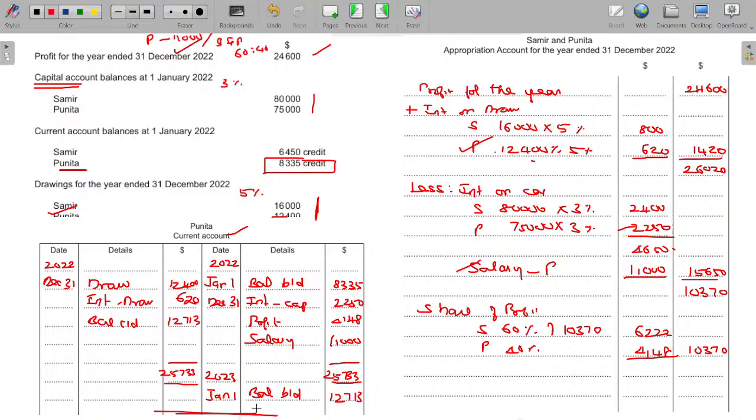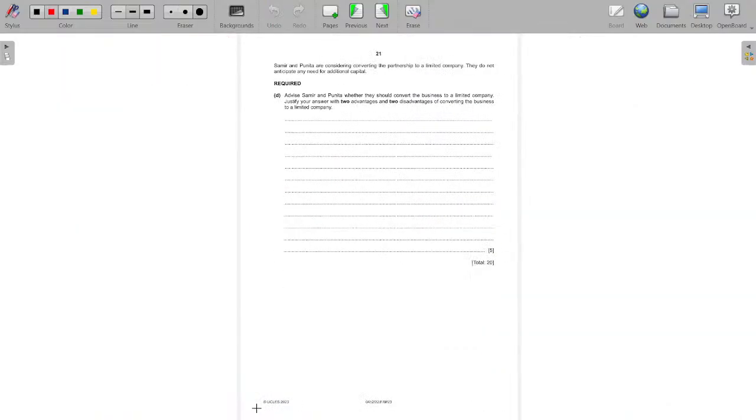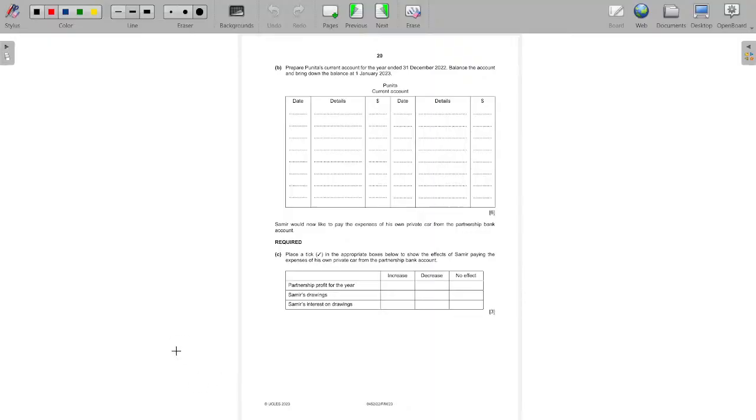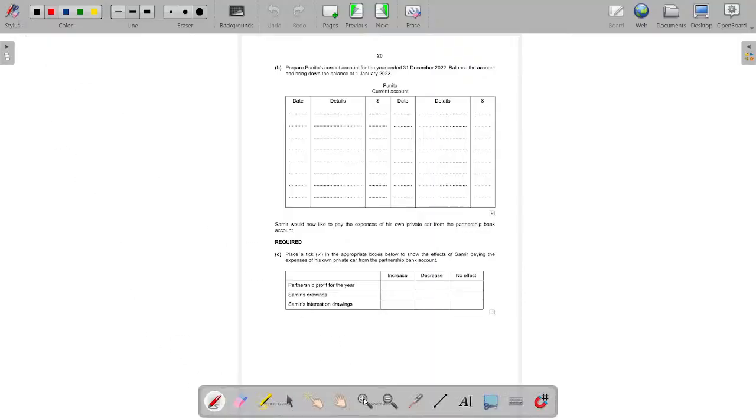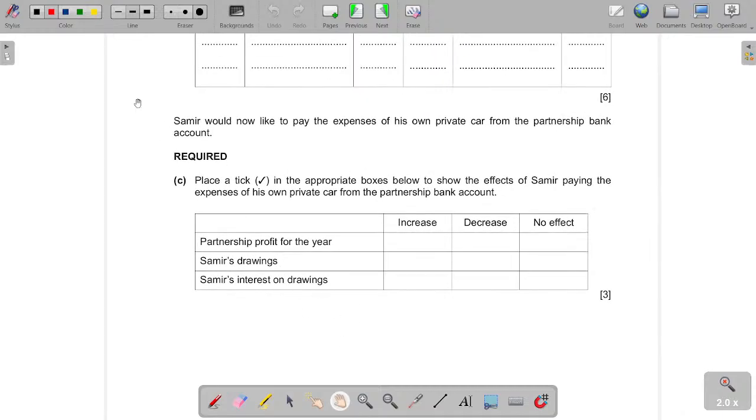Apart from that, one more subdivision is here. Please tick. Samir would now like to pay expenses of his own private car from the partnership bank account. From the partnership bank account means it's drawings. Please tick the appropriate boxes to show the effect of Samir paying the expenses of his own private car.